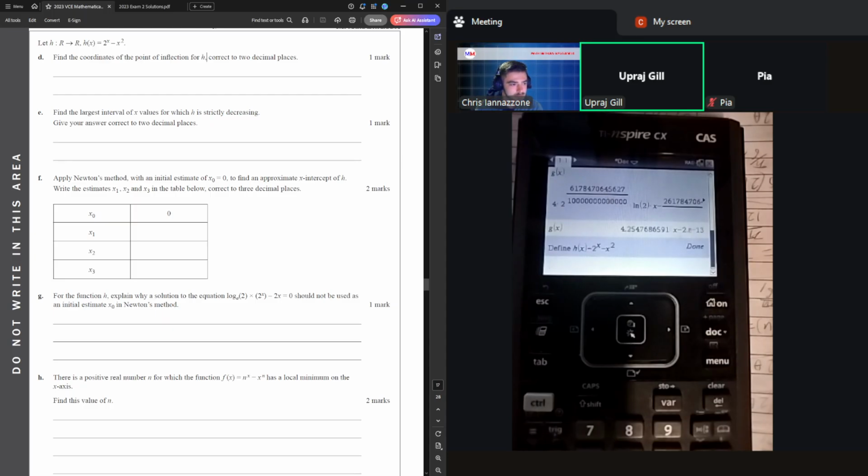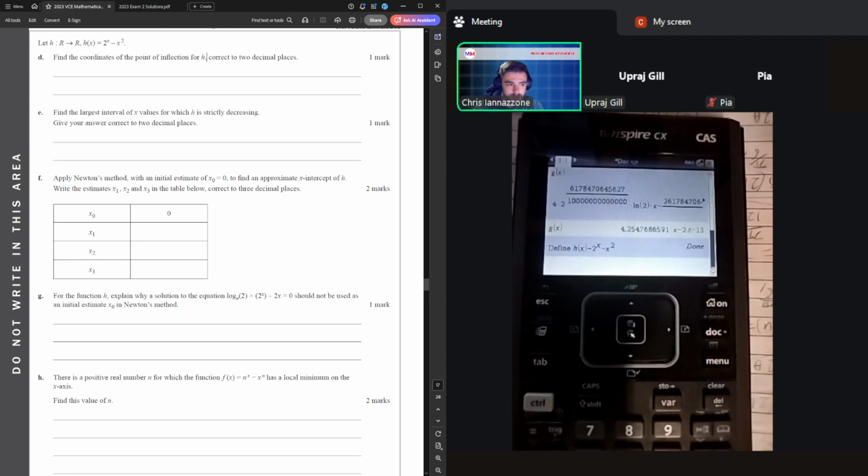At a point of inflection, to calculate it, do we do the double derivative? Yep, that's totally one way of doing it. Double derivative being zero. Now, technically speaking, double derivative being zero is only a strong indicator that you have an inflection point. In Spesh Math, they take it a step further.